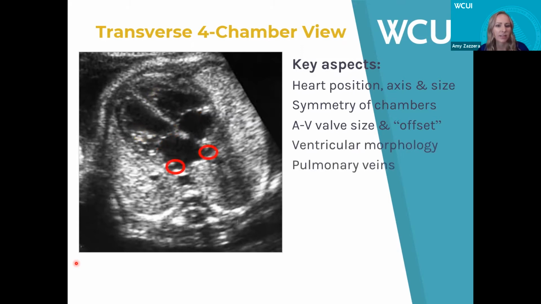And here we're going to look at morphology of the ventricles, and then here the pulmonary veins dumping into that left atrium, just showing that all of that is normal. And also look at the septum for septal integrity. And the foraminal flap contour, make sure it's opening into that left atrium.